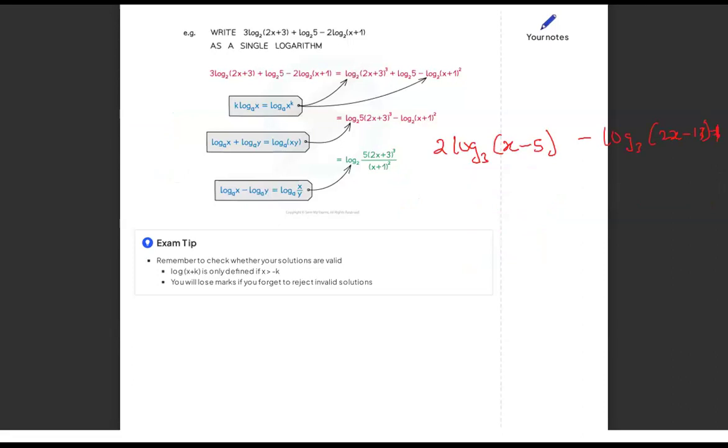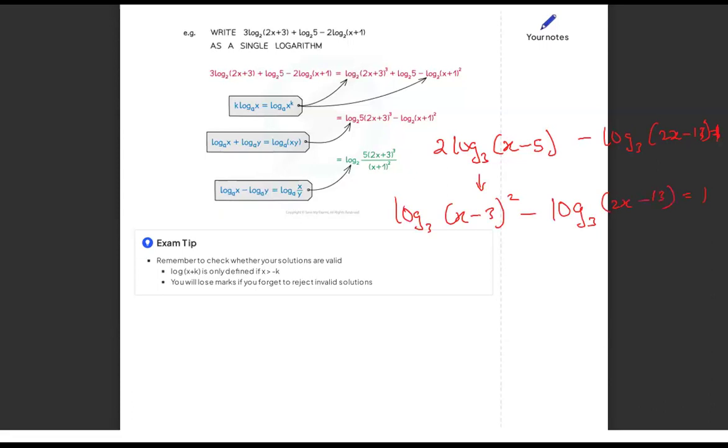So you turn this one to log base 3 of x minus 5 all squared, minus log base 3 of 2x minus 13 equals 1.